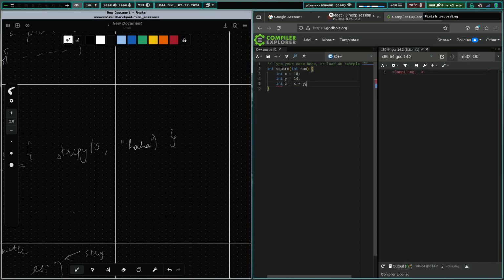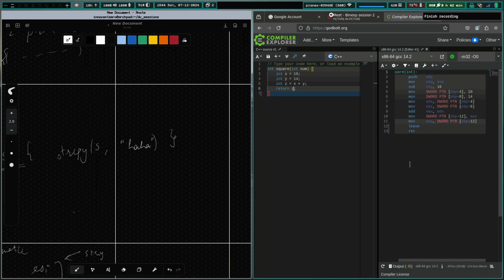For those of you who wanted to see arithmetic, here is arithmetic. Now let's hope it does not optimize that out. Otherwise, I'll just return Z. First of all, I think this is Intel syntax.